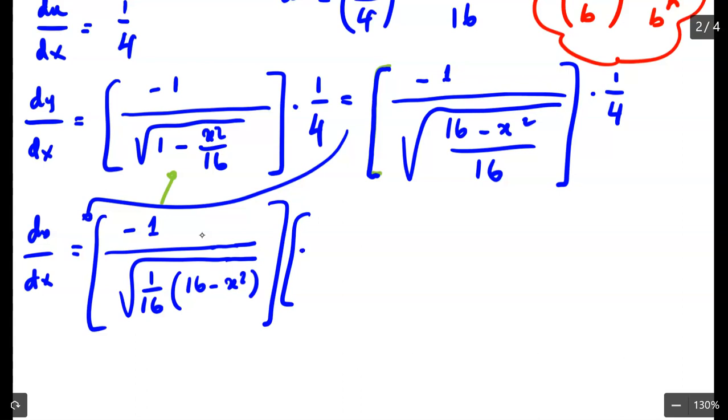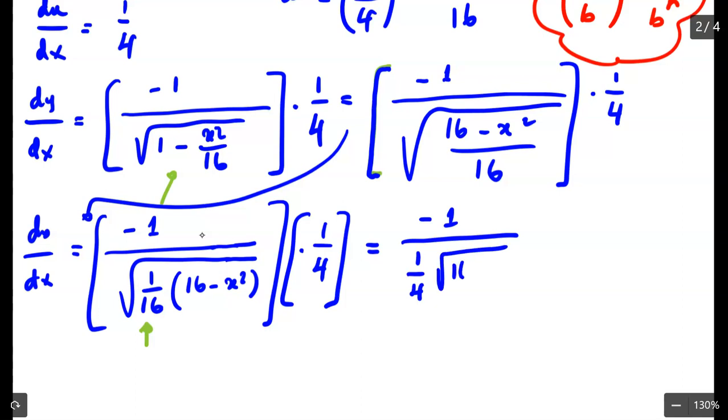So right here I have times 1 over 4. Okay, don't forget that. Then you see this 1 over 16. I can pull it out of the square root. So I can put it as 1 over 4 and the square root of 16 minus x squared, and this is still multiplied by 1 over 4.